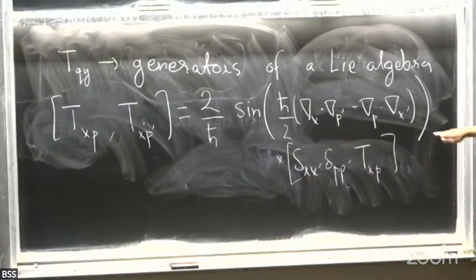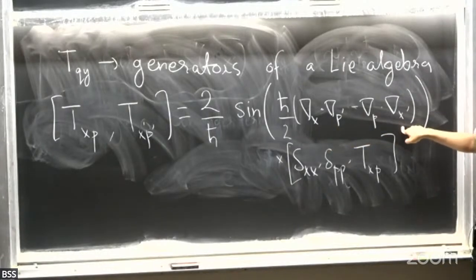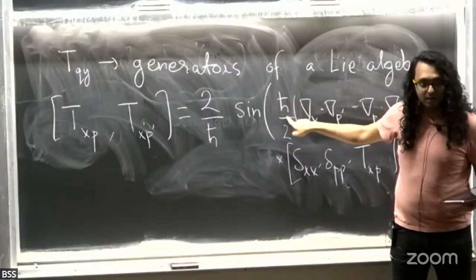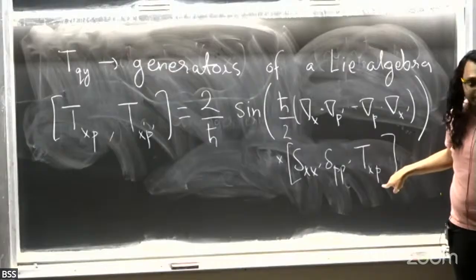So this is an infinite expansion in derivatives. You will recognize this thing as the usual Poisson bracket on a single particle phase space. But instead of just a single Poisson bracket, which would be the case if h bar was small, this is an infinite series in powers of the Poisson bracket being applied to this.